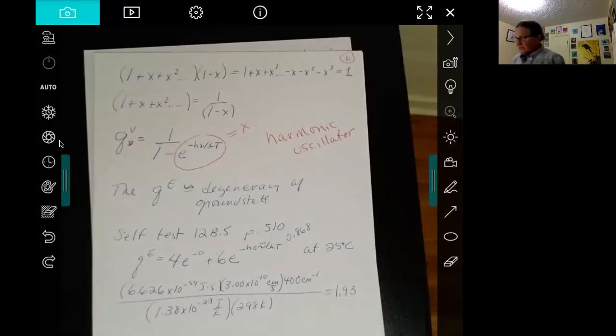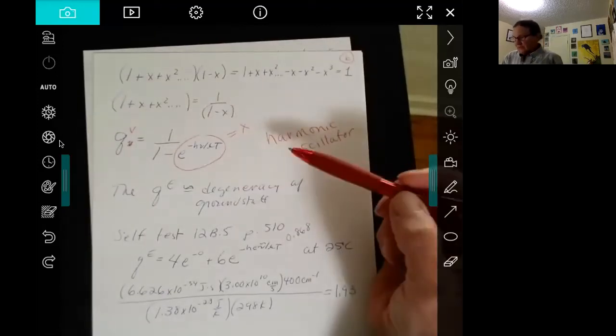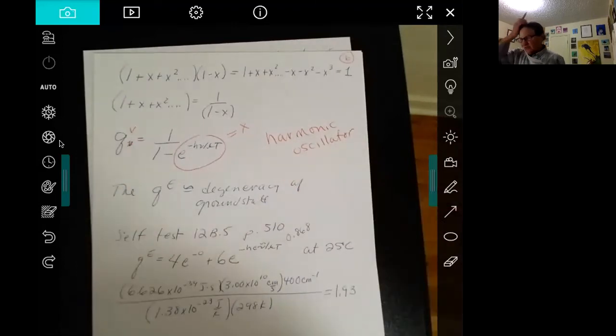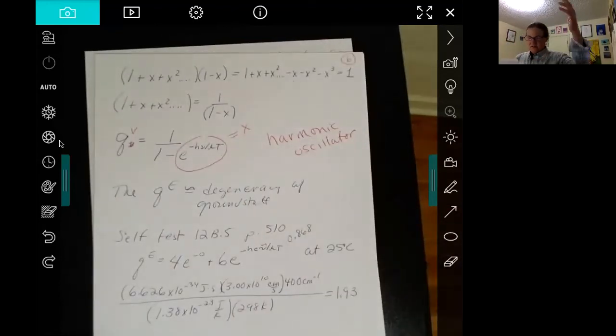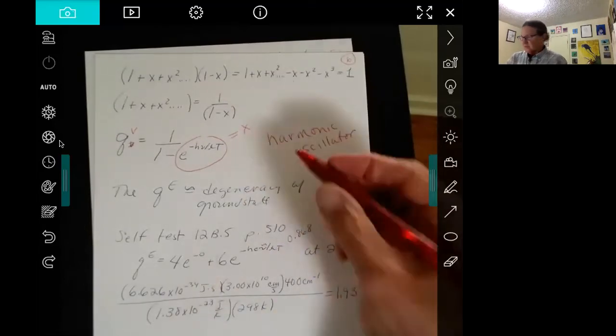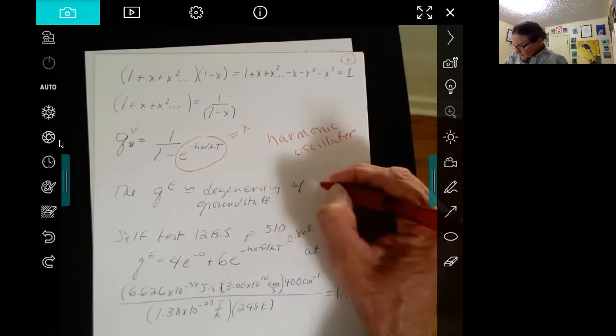Okay, so the very last partition function that we need to deal with is the electronic. And at normal temperatures, pretty much the only populated state for electronic energy is the ground state. The other levels are so far away that they won't be populated. So unless you're at high temperature, this will always be true.